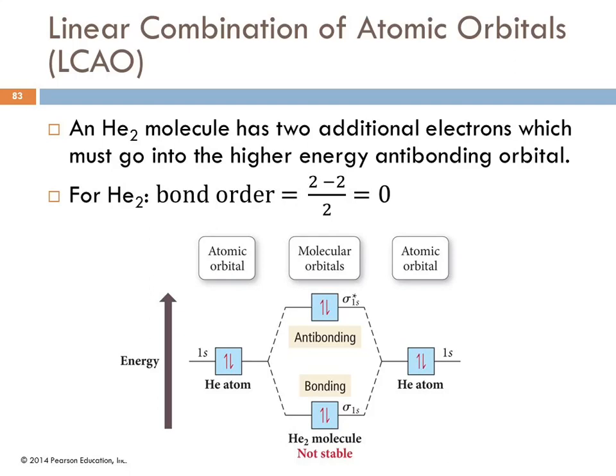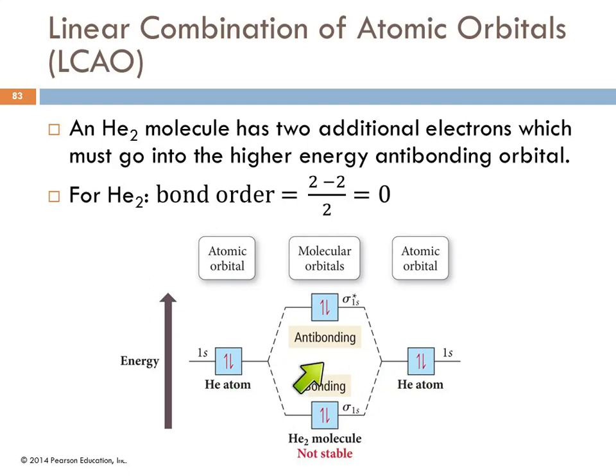So let's look at helium. So an He2 molecule. Well, here's the orbital diagram for helium. It has 2 electrons in the 1s orbital. And over here we have another helium atom.